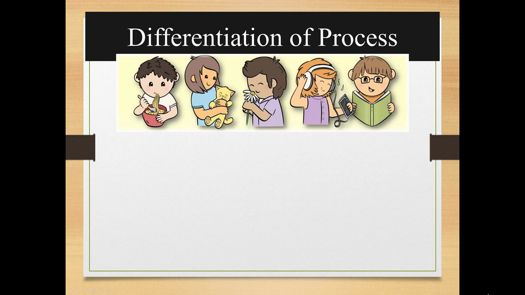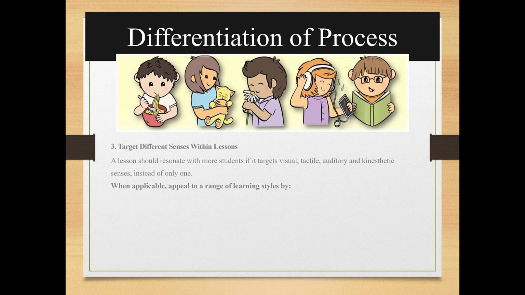The third way that we can differentiate through process is to target the different senses within the lesson. Remember the chart that we looked at with the different intelligences? Many of those intelligences target our senses. A lesson should resonate with more students if it targets visual, tactile, auditory, and kinesthetic senses instead of only one.